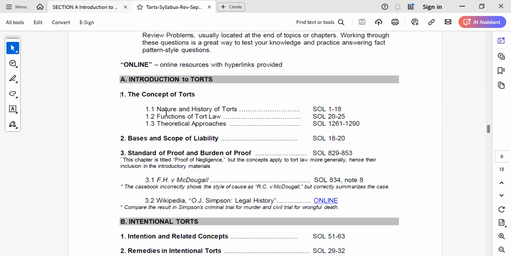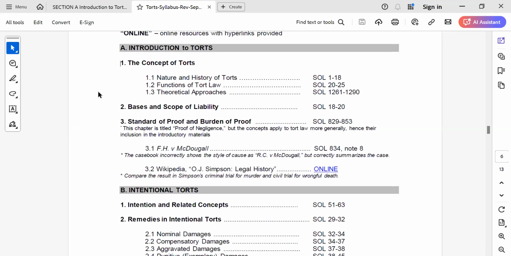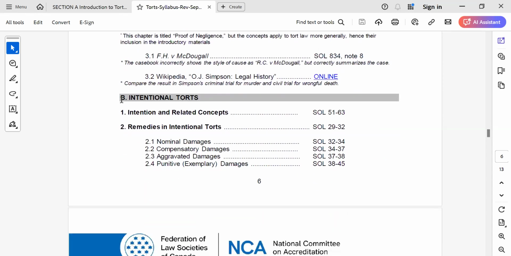Okay, so we will go into chapter 1 today so that we are not wasting any time and using every bit of minute that we have. Okay, just have a look at how the syllabus is divided. The second chapter is intentional torts: intention and related concepts, remedies in intentional torts.